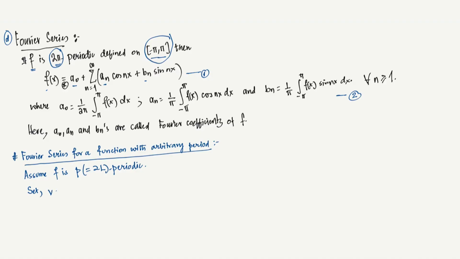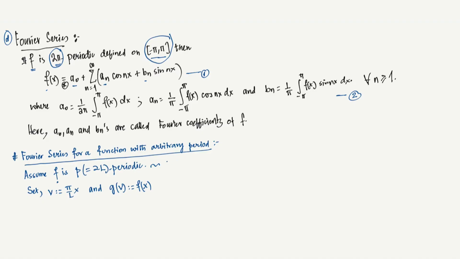Initially f of x is given to us, so we'll use that x. Essentially we are going to define v to be pi by L times x. And also we define a new function g of v to be f of x. See, f of x is a 2L periodic function, that's given.